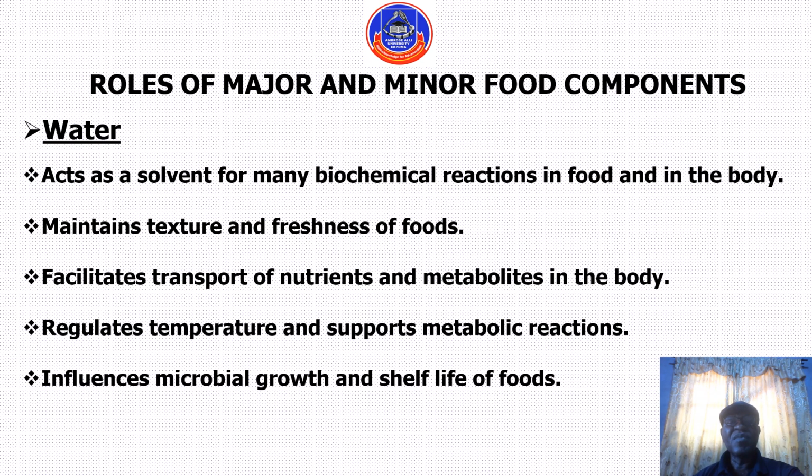So these major components of food perform important functional and structural roles in both the human body and food systems. The components work together to provide energy, support body functions, maintain health, and influence the physical and chemical characteristics of food.